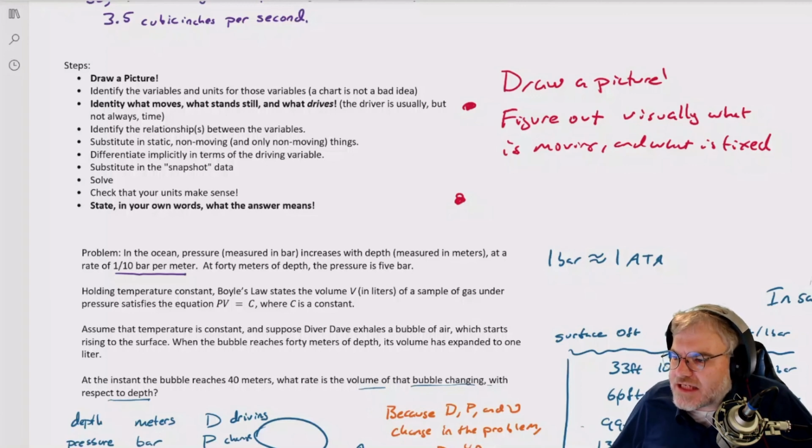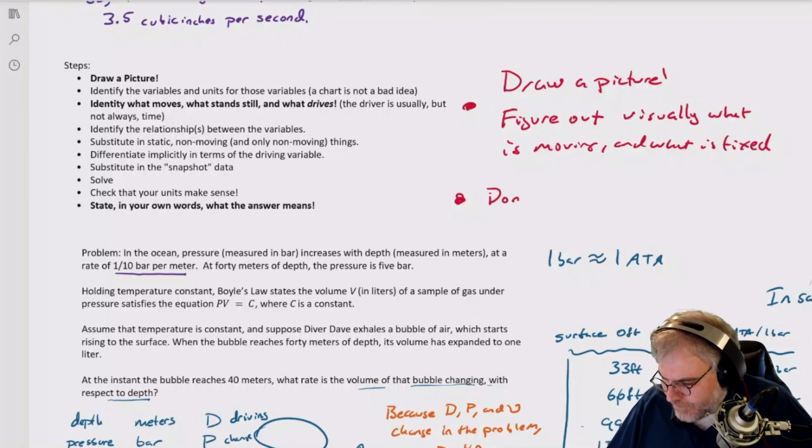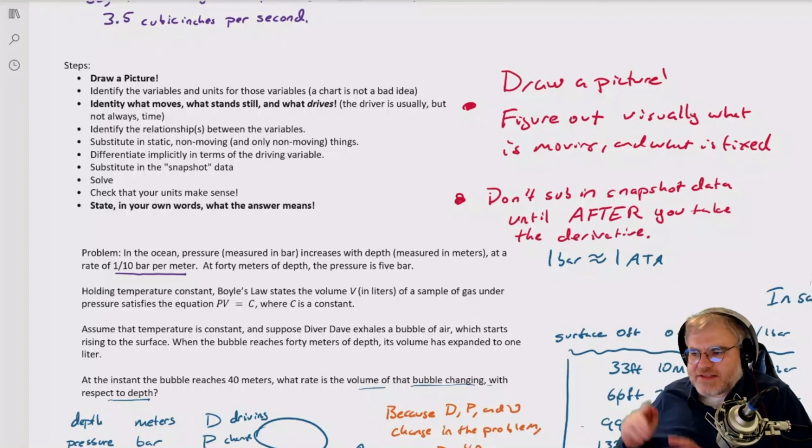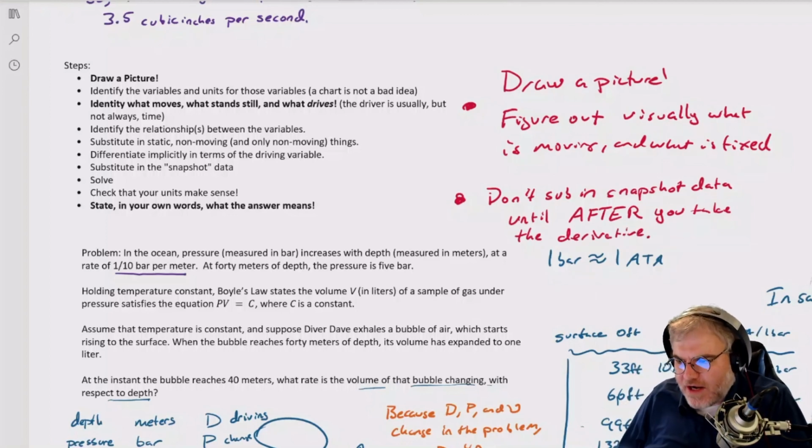And the other one is, don't sub in snapshot data until after the derivative. Those are the 2 big points to take away from this.